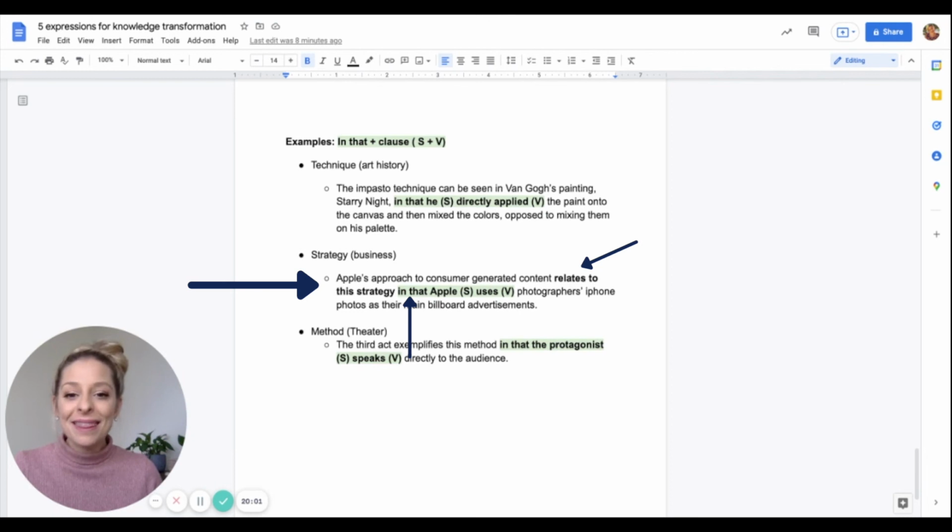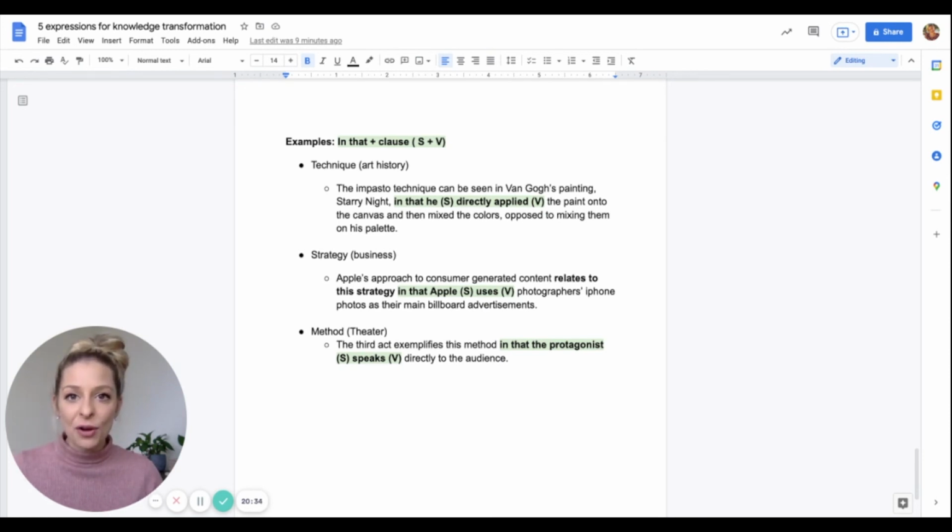So in that, Apple is your subject, uses is the verb, photographers' iPhone photos as their main billboard advertisements. So again, the goal of knowledge transformation is to take your course term or your course concept or whatever you're applying and then use it in the same sentence as what you're applying it to. We really want to see that integration of the course concept with the example you're talking about.